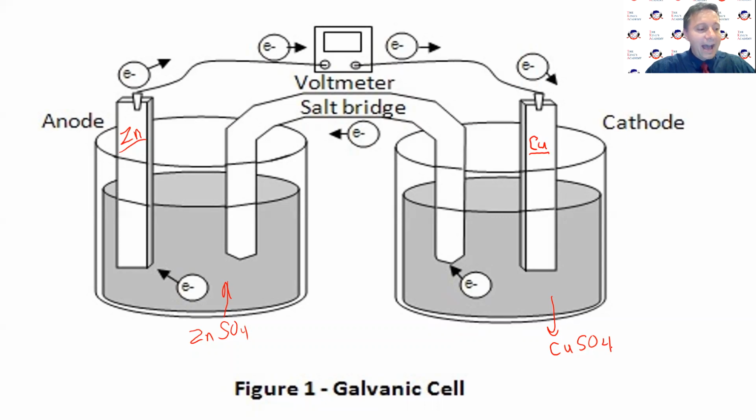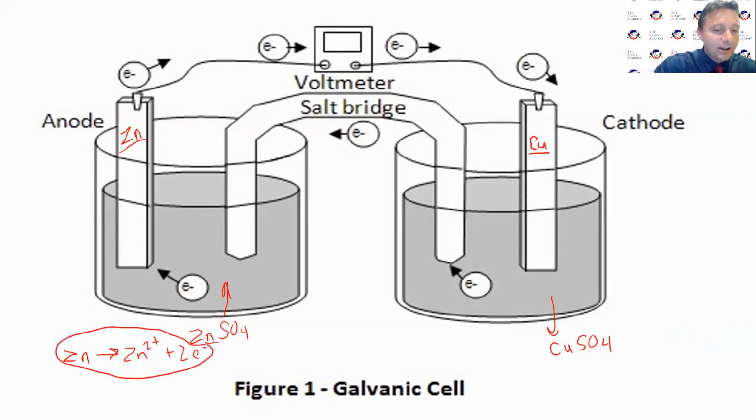So now we're going to look at what is going to happen here. So we have our anode. What is going to happen here is this zinc is going to lose 2 electrons. So we're going to write a half reaction right here. Zn produces Zn2+ plus 2 electrons. So this is what is happening right here.